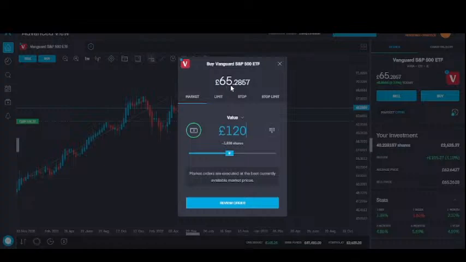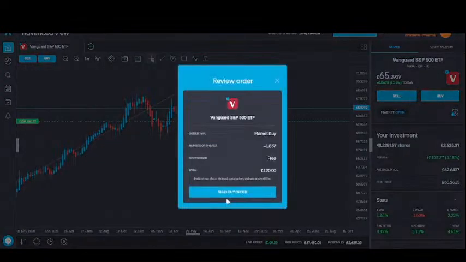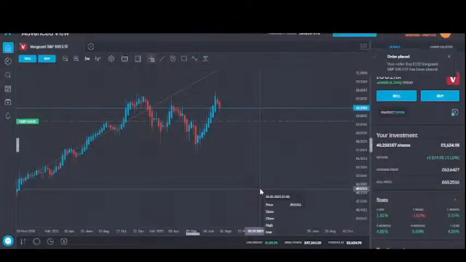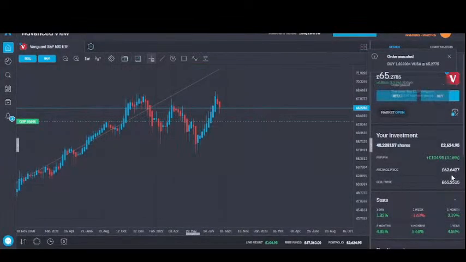Currently priced in around £65.29. It's just jumped. And once I send that, let's see how much that changes the average price by. So the average price up to now was 62.64. We'll send it, wait for it to execute, and then we'll see the move, hopefully. So we were at 62.64.